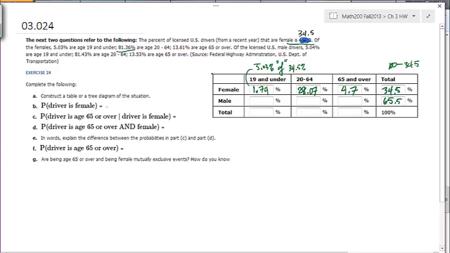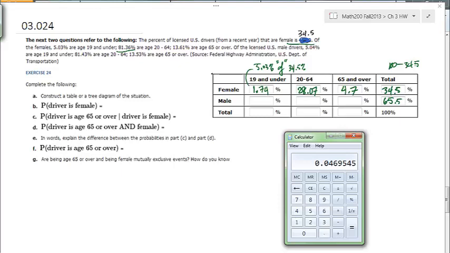Now for the males, out of the 65.5%, it says 5.04 are age 19 and under. So the same calculations, slightly different numbers. So we'll start off with 0.0504, and then we'll multiply that with the 65%. So that's 0.655, and we get 3.3%.